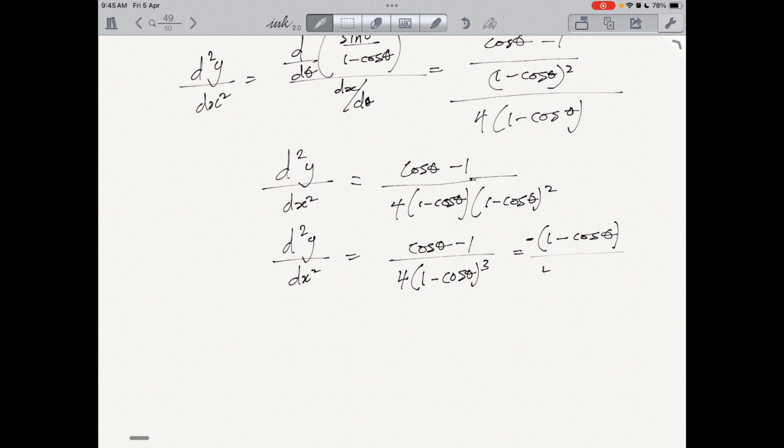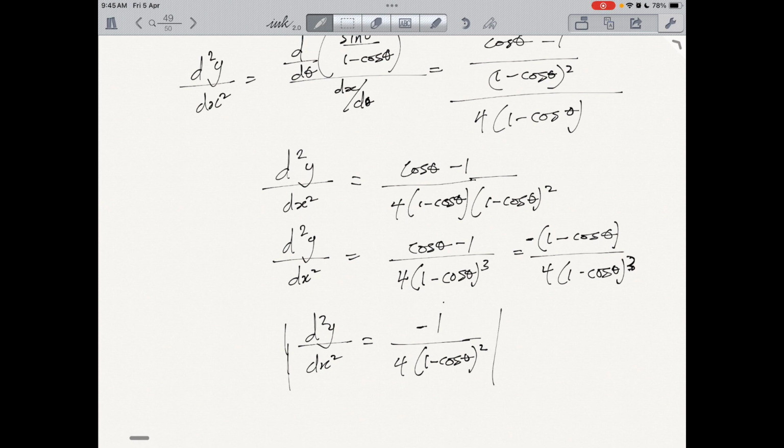So this will give us 4 into (1 minus cos θ) cubed. Therefore, d squared y over dx squared will be left with minus 1 over 4 into (1 minus cos θ) squared. So this brings us to evaluating d squared y over dx squared.